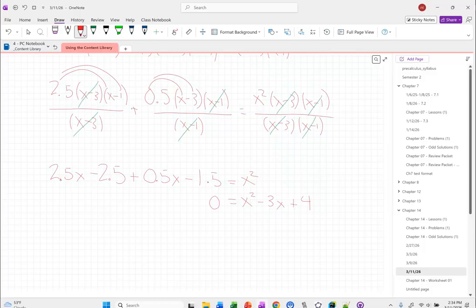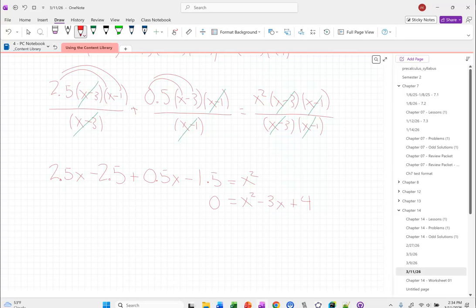Does that add to give us negative 3? No, that gives us 5. Negative 1 and negative 4? Nope, that adds to give us negative 5. 2 and 2? Negative 2 and negative 2? None of them add to give us negative 3, right?